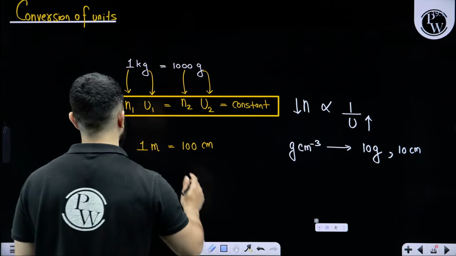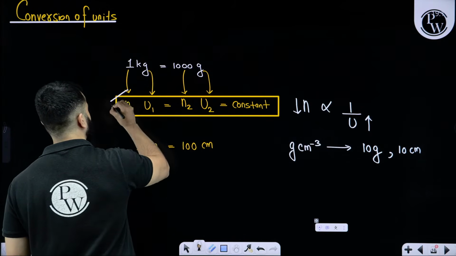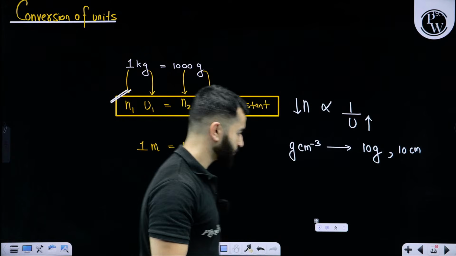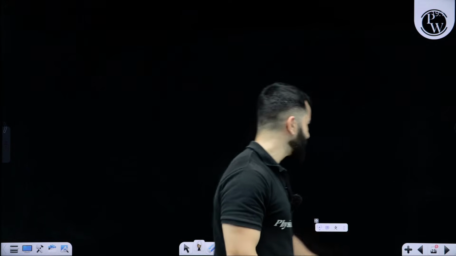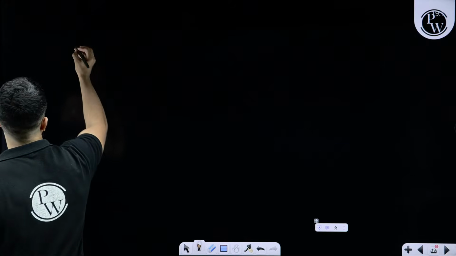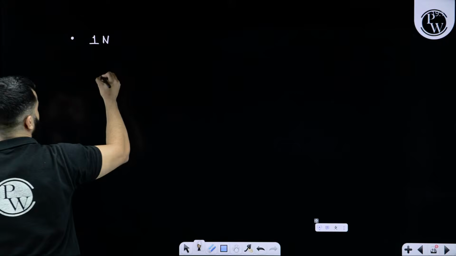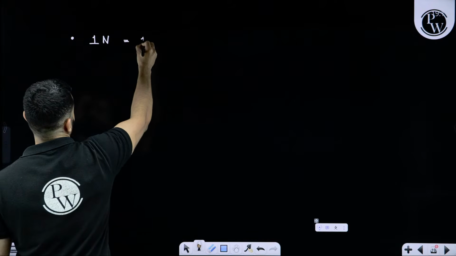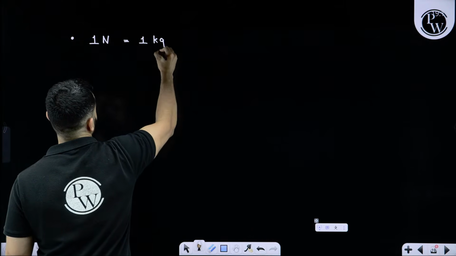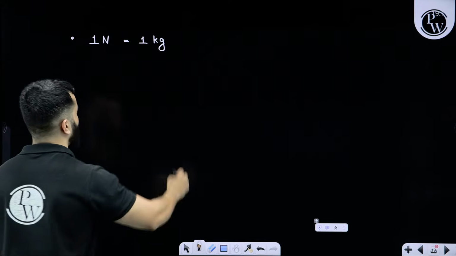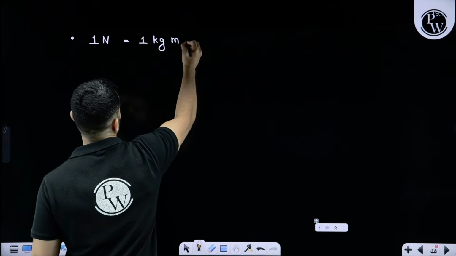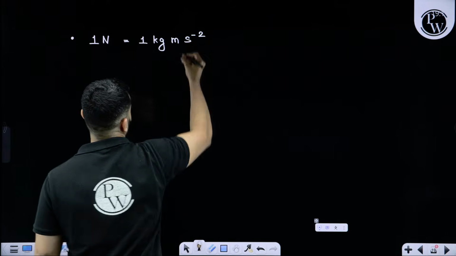So you don't have to do anything, you have to remember this small thing. Let me give you one example. We can take this also as an example, but let's start with Newton. You all know what 1 Newton is. 1 Newton is nothing but 1 kilogram meter per second square.